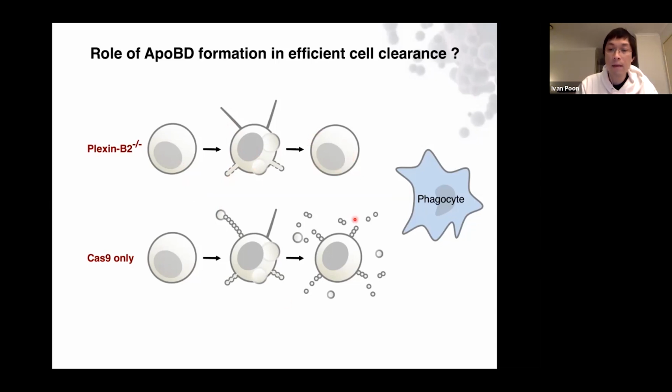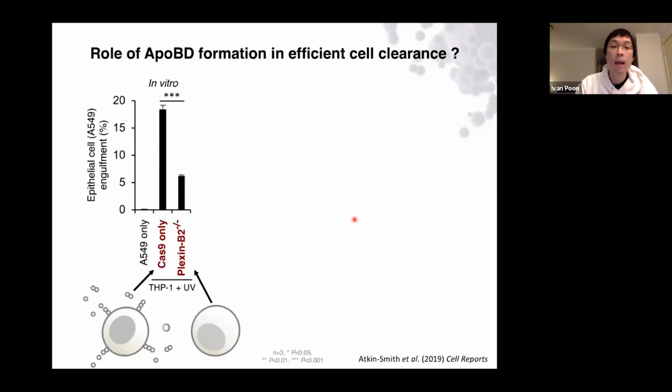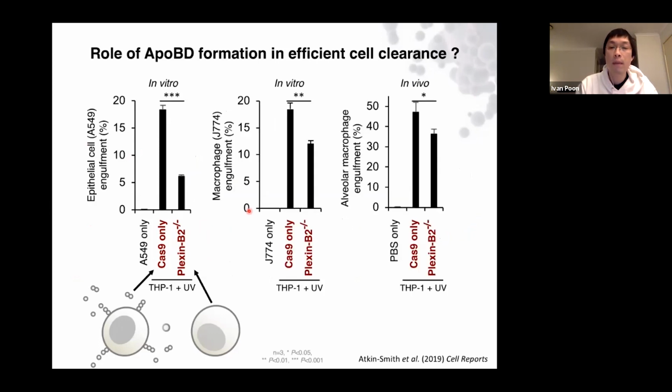And again, when we feed this to phagocytes, in this case epithelial cells, if the cells are not able to break apart, they're less likely to be engulfed by epithelial cells, and also by macrophages, and also using an in vivo clearance model with alveolar macrophages as well. So all this data supports that breaking apart may potentially play a role in cell clearance.